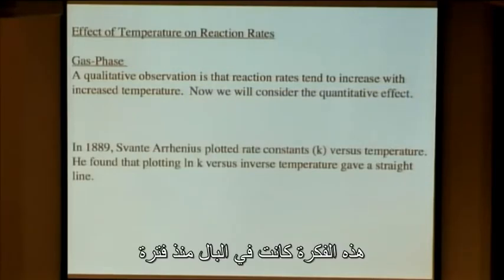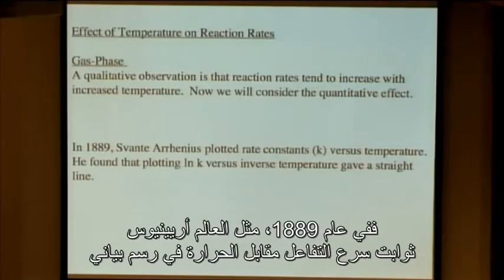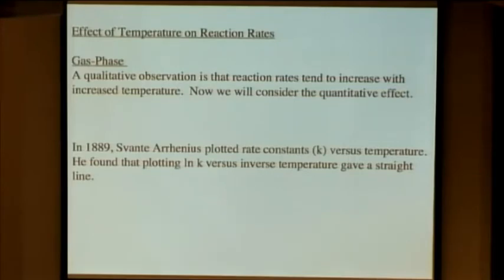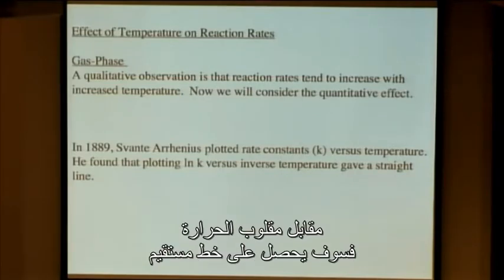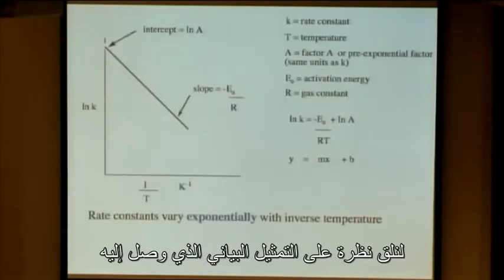So this idea has been around for a while. In 1889, Arrhenius plotted rate constants versus temperature. And he found that if he plotted the natural log of those rate constants versus inverse temperature, then he would get a straight line. So let's look at the plot that he had.